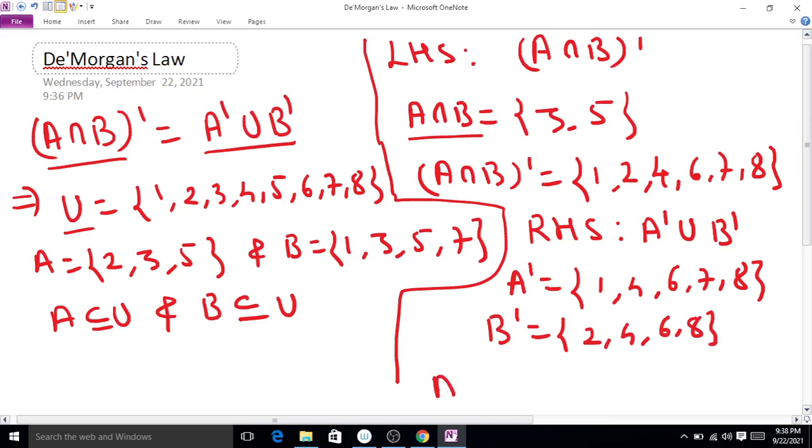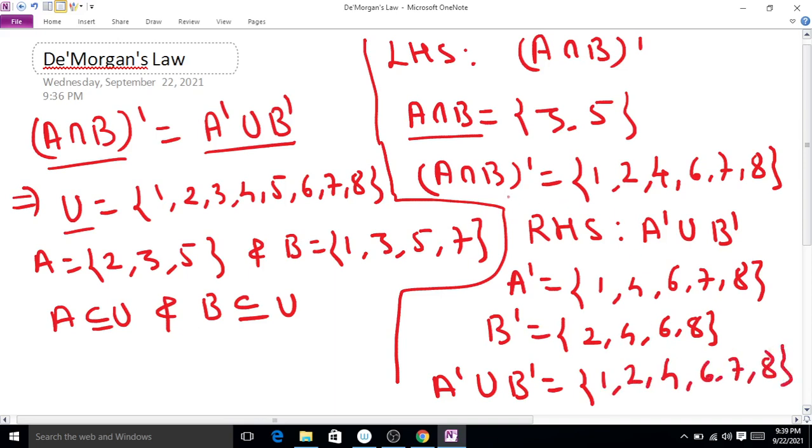So A complement union B complement. Now to find the union, we want to collect elements which are present in at least one of the sets A complement or B complement. So it is 1, 2, 4, 6, 7 and 8.